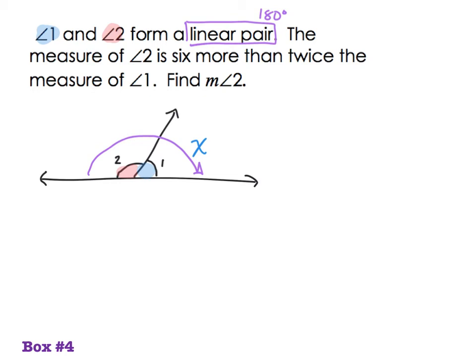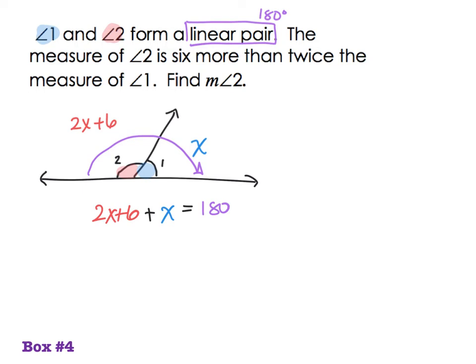Well, angle 1 is just x, so twice of that would be 2x plus 6. That means that if I put these together, if I do 2x plus 6 plus x, it equals the whole thing. Hopefully you guys know what the whole thing equals, which is 180 degrees, right?